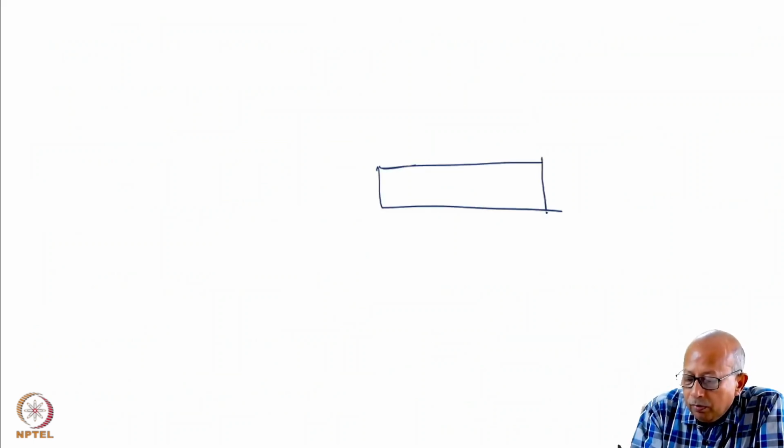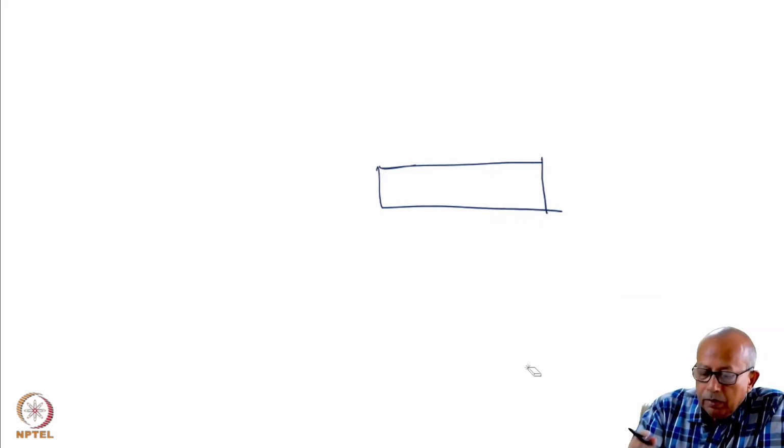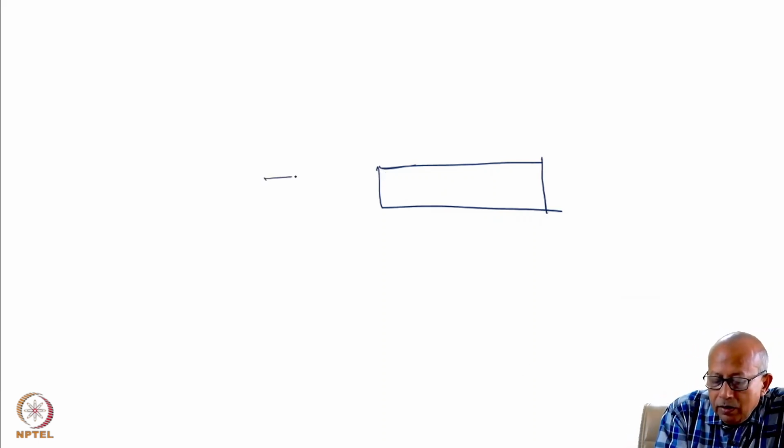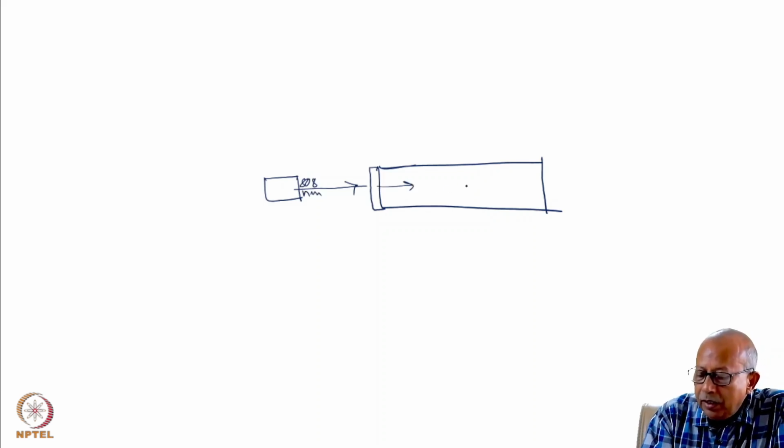How do you use it? So this is your laser rod, and this is the diode laser, and this is the coupling mirror. So 808 nanometer is coupled into it, and you create gain.